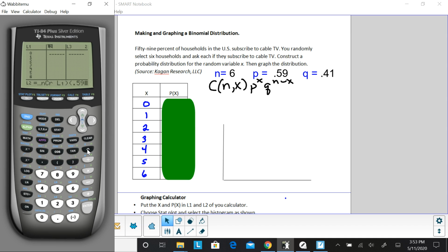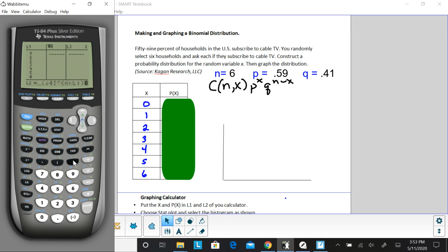And again, we're going to raise it to a power of x. But remember, x varies from line to line. So we're going to tell it to raise it to list 1. And then we have to do q to the n minus x. So 0.41 raised to, and I'm going to put this little piece in parentheses here because it's going to be n minus x. So n is 6 minus list 1.